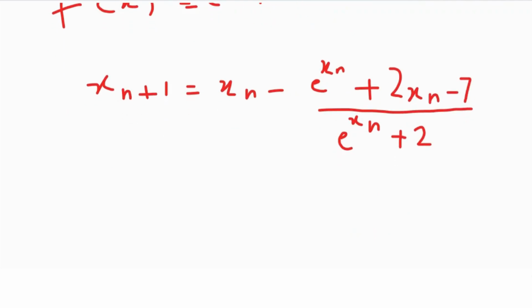Now what we have to do is plug in different values of n to see what we get. So let's continue with 1.